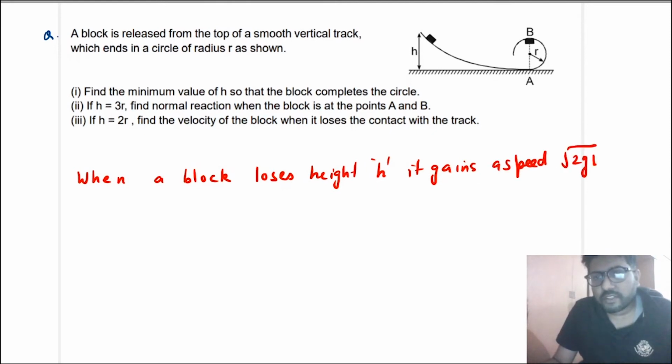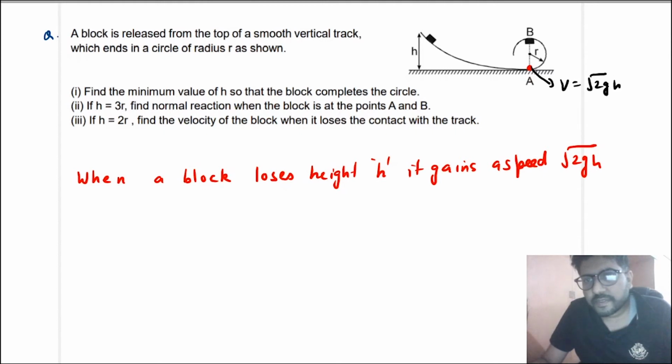You can use the law of conservation of energy to prove this. Mgh is equal to half mv square. You will get v equal to root 2 gh. So at this point, the velocity will be root 2 gh. Now they are asking what is the minimum h so that the block completes the circle.